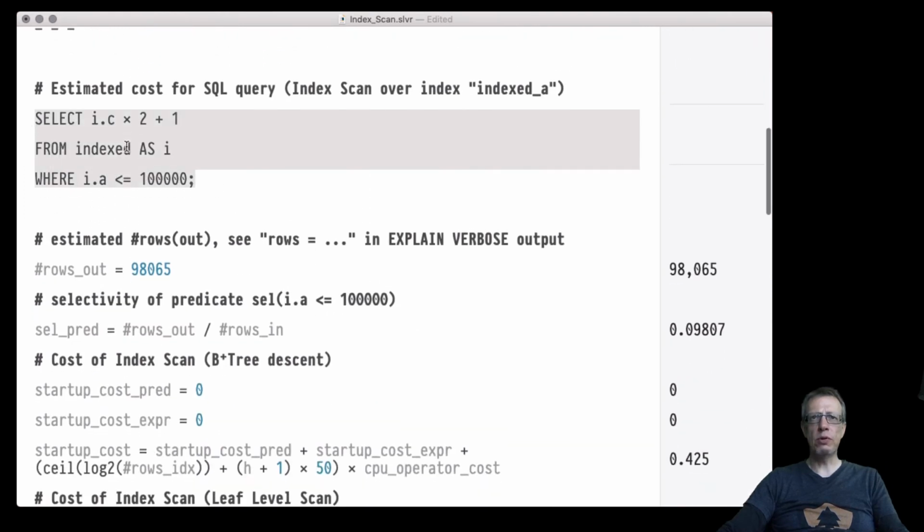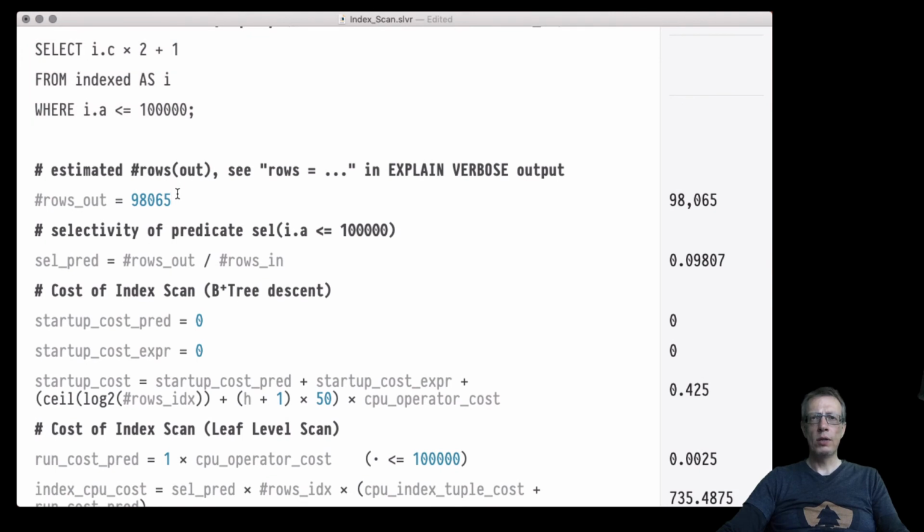I've reproduced the query here. The number of rows that were estimated by the system to be produced by this query is, let me check again, 102,362. Is this right? Yes, I think that's right.